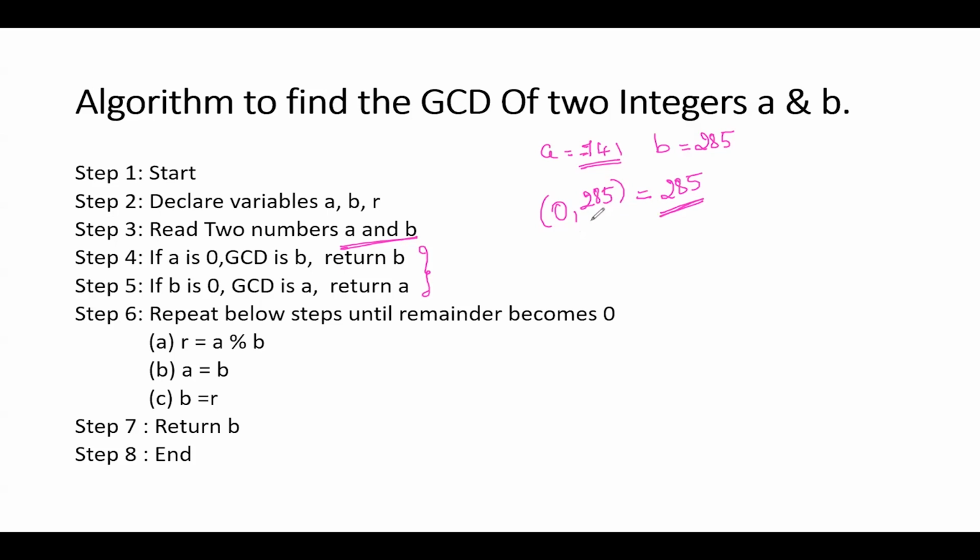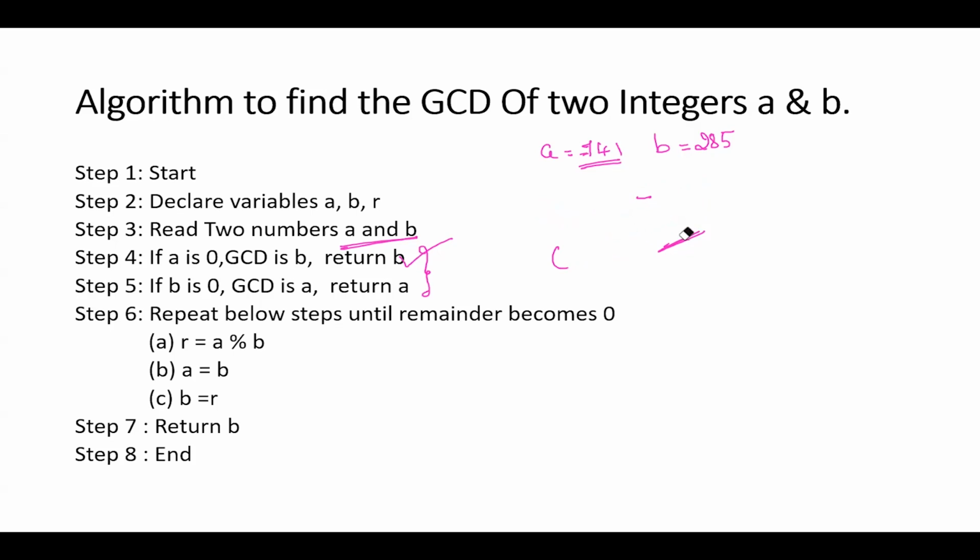Whenever any one of the numbers is 0, the other number becomes the greatest common divisor. So that is the first condition. Otherwise, suppose the b value was 0. If it was 741 and 0, in this case, of course, 741 will be the output, where 741 becomes the greatest common divisor.